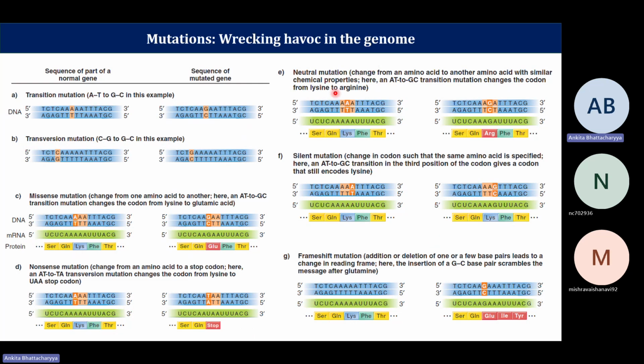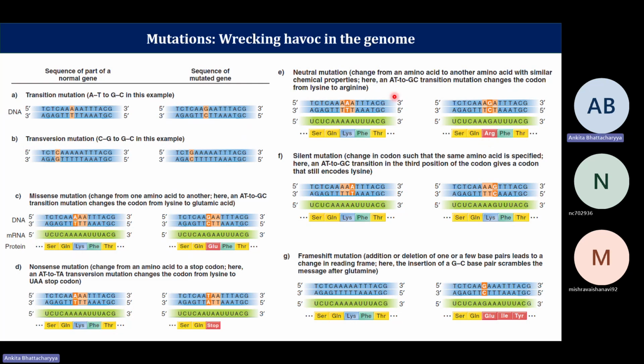Then you have a neutral mutation where there's a change from one amino acid to another, where the chemical nature of the amino acid is intact. So here you have a lysine to an arginine switch, which is going to be a relatively quieter mutation. The mutation is there, its effect possibly will be seen, but the disruption is going to be slightly lesser because the positive charge of the amino acid is staying conserved.